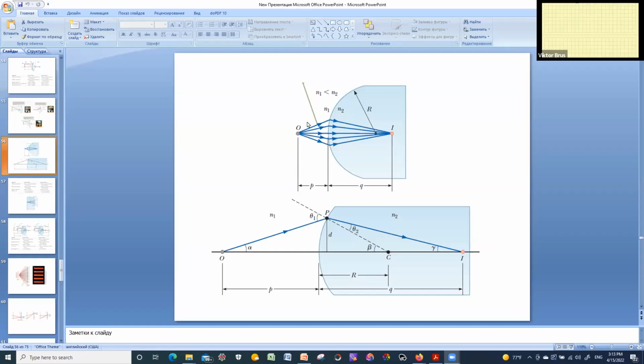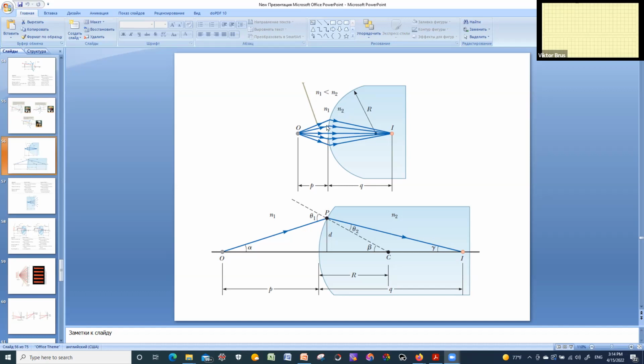And for the beginning, we need to consider some model system. Let me share my screen. Okay, so that's what I was talking about. Here, for instance, we have one medium on the left side, then we have another medium with refractive index n2, and n2 is larger than n1.